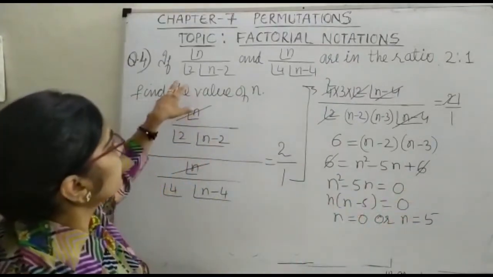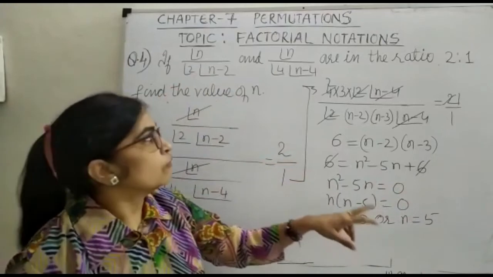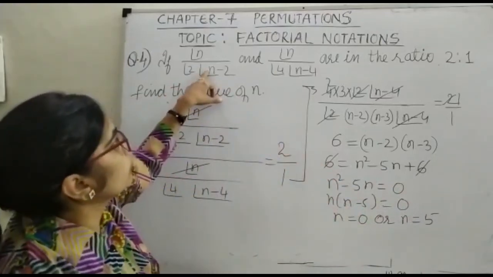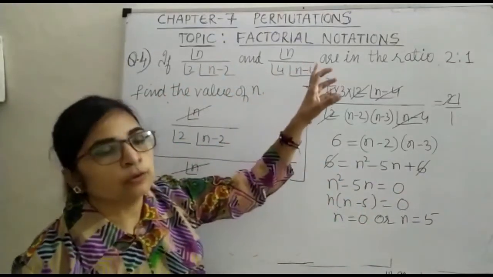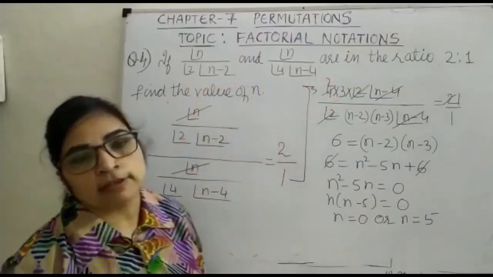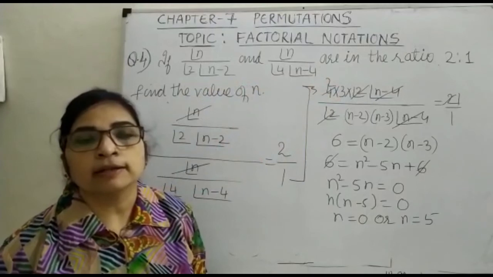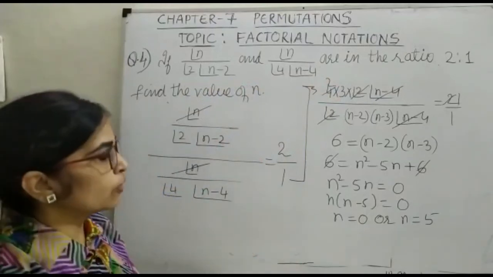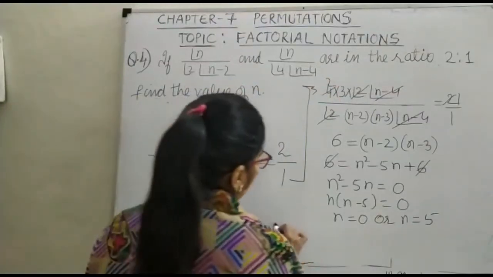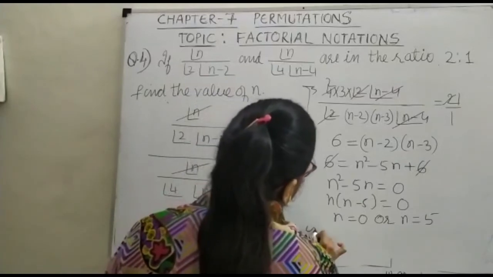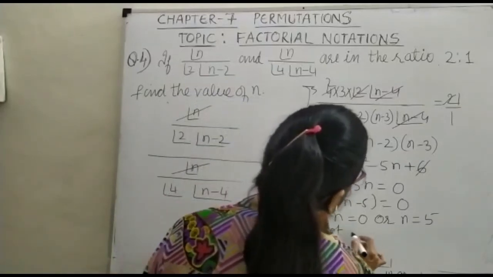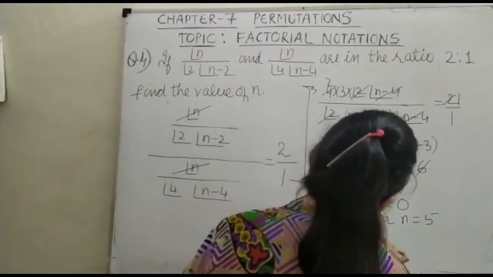But you can see that n is equal to 0 will not satisfy. If you keep the value of n as 0, then this factorial is negative, which already it is said that it cannot be negative, it has to be a positive whole number. Therefore, n is equal to 0 is not possible.